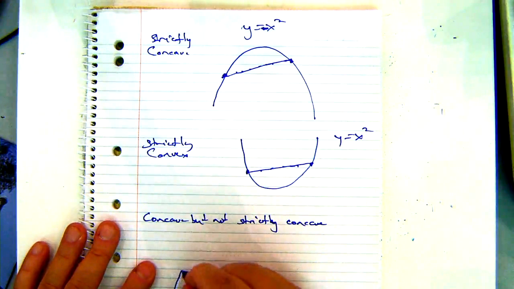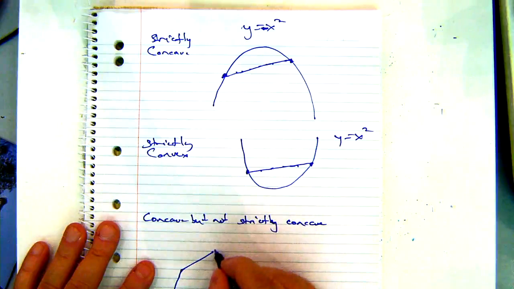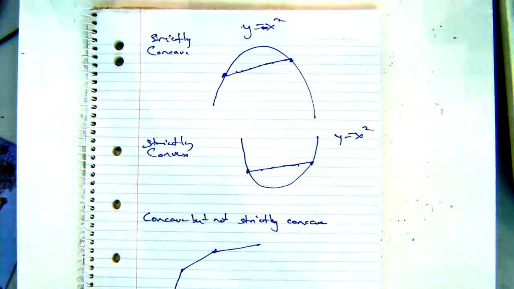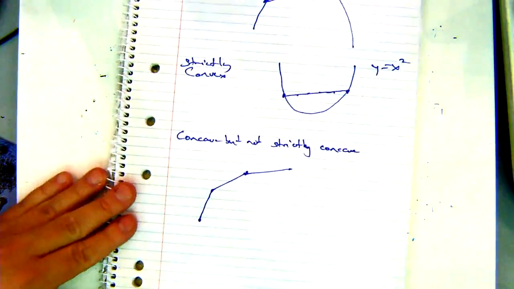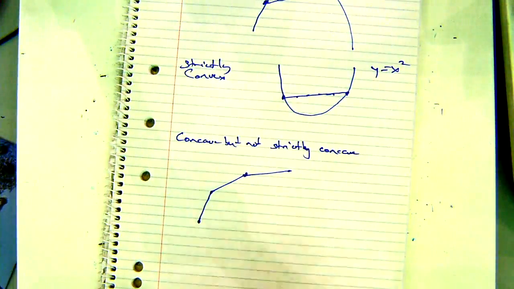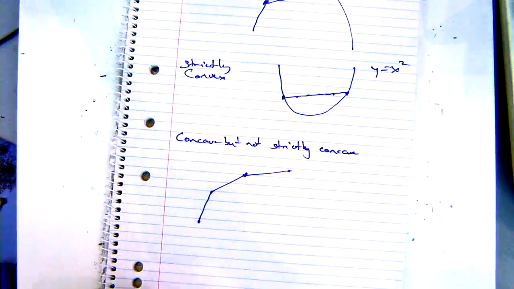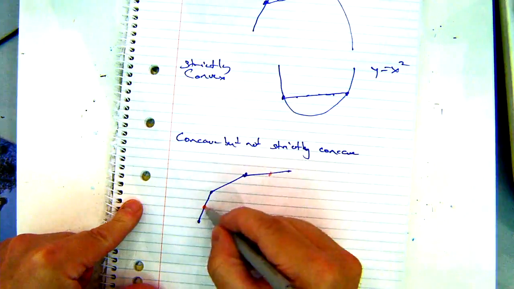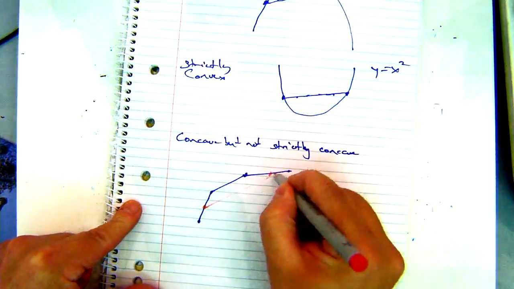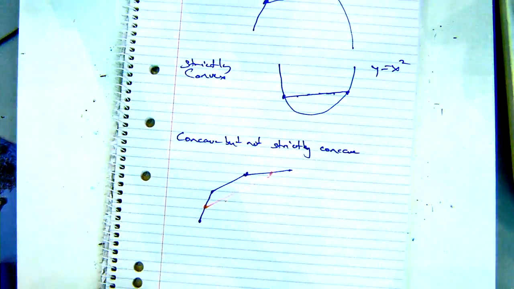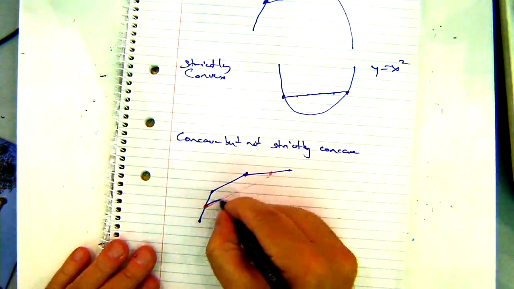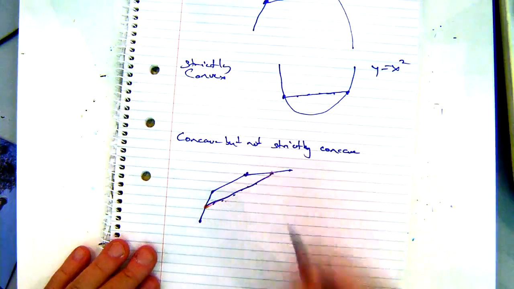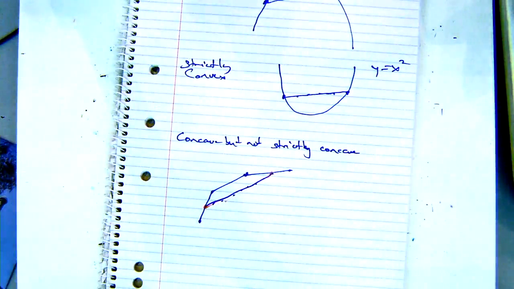Draw 3 line segments where the slope keeps decreasing. If you take these 2 points and draw a straight line between them, all the points on the line between those 2 points lie strictly below.